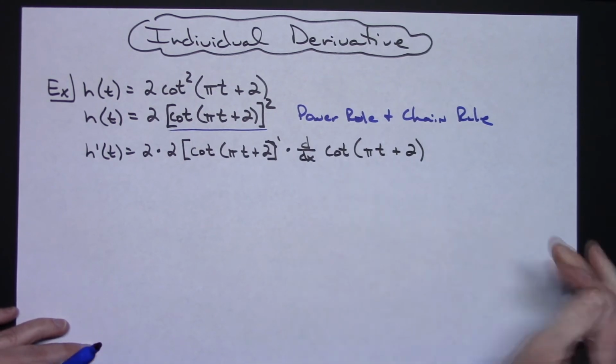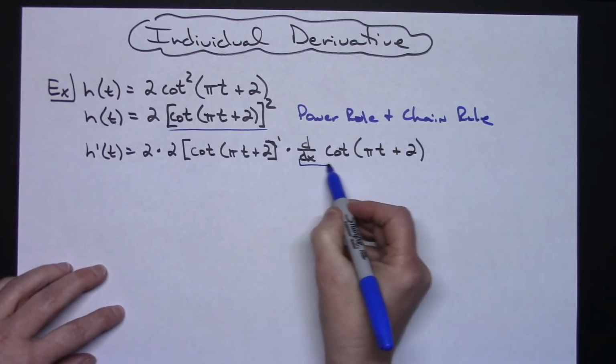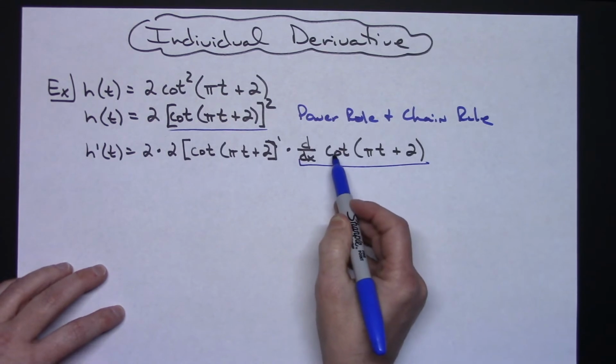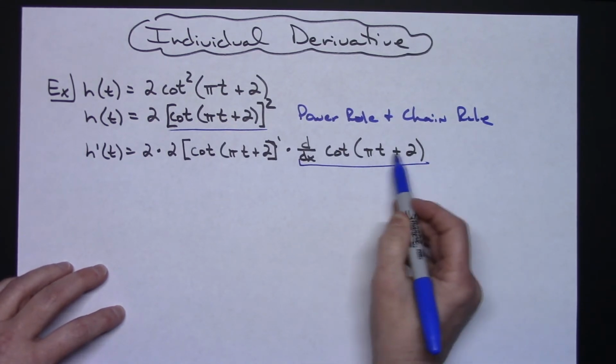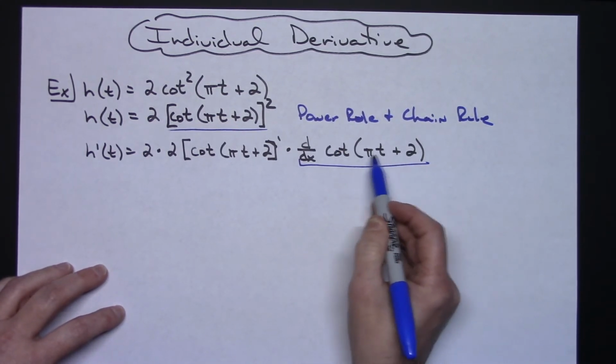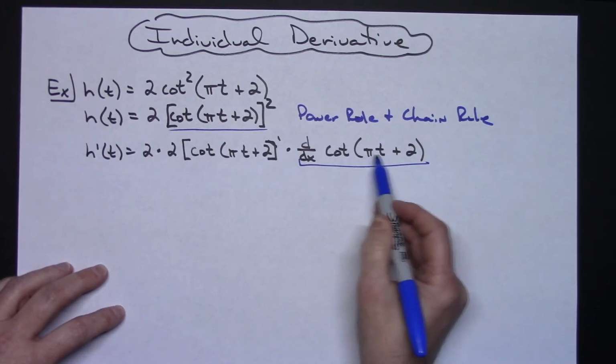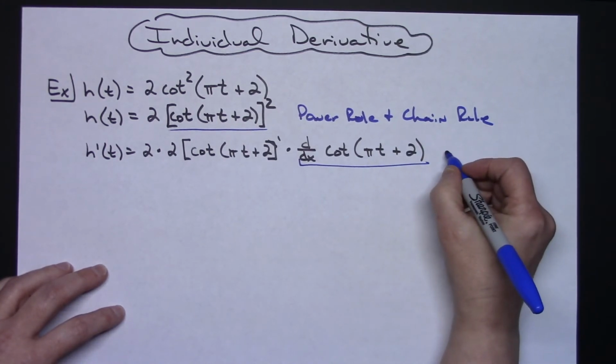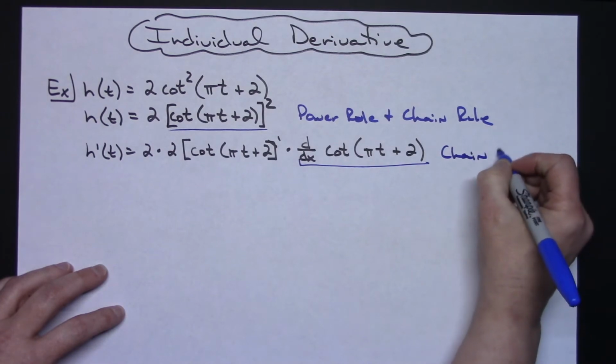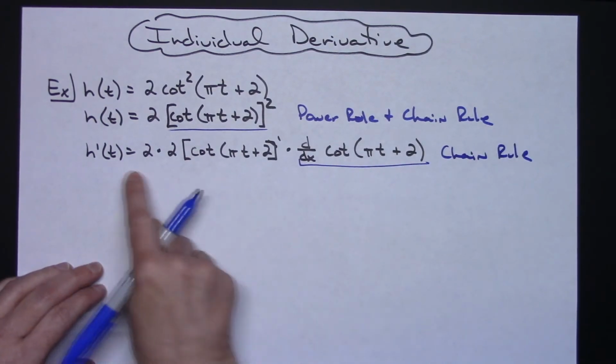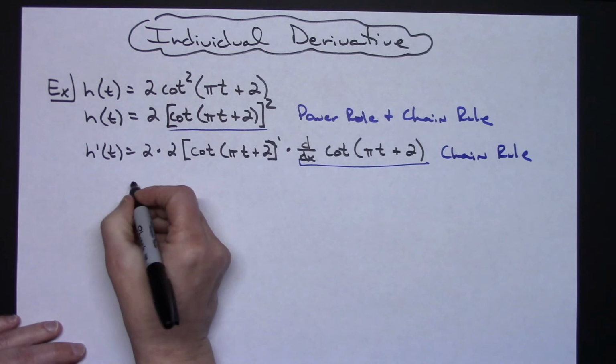Now inside this derivative right here, obviously we've got our trig function, which is the outside function, and then this is the inside. Anytime you can find an outside and an inside, then you have to apply a chain rule. So again, I'm going to have to do a chain rule just on this part right here, so everything here will remain the same.